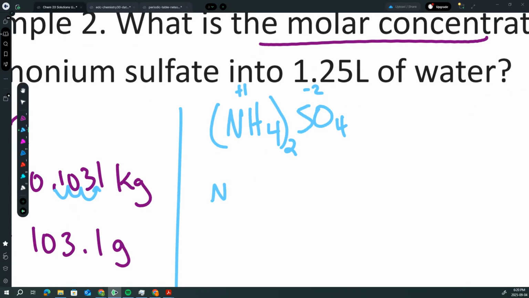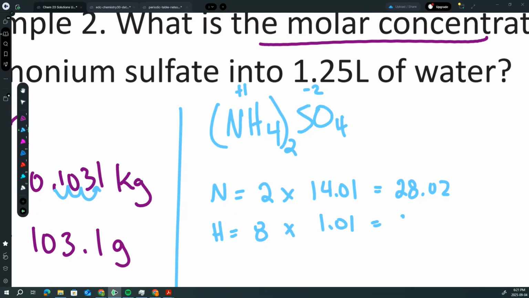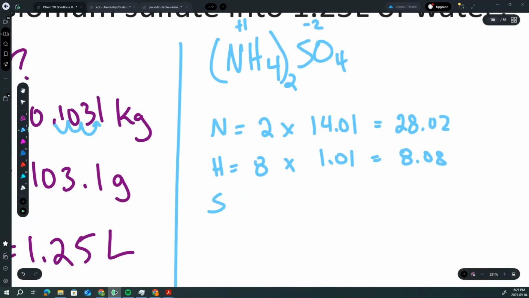Okay, so with the nitrogens, we have 2 of those, and that's at 14.01, which is 28.02. Hydrogen, there's 8 of them, times 1.01, 8.08. Sulfur, there's 1, 32.07.